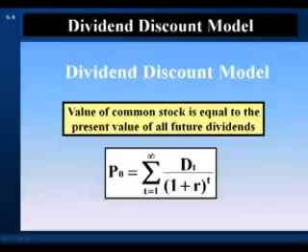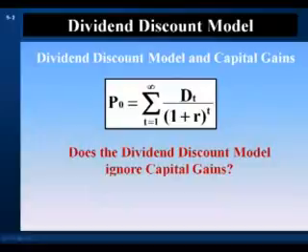Now, before we go to the application of this model in pricing stock, let's answer some questions about this model. The return investors expect on their investment consists of dividends and capital gains, an increase in the price of their shares. The dividend discount model discounts a stream of dividends.